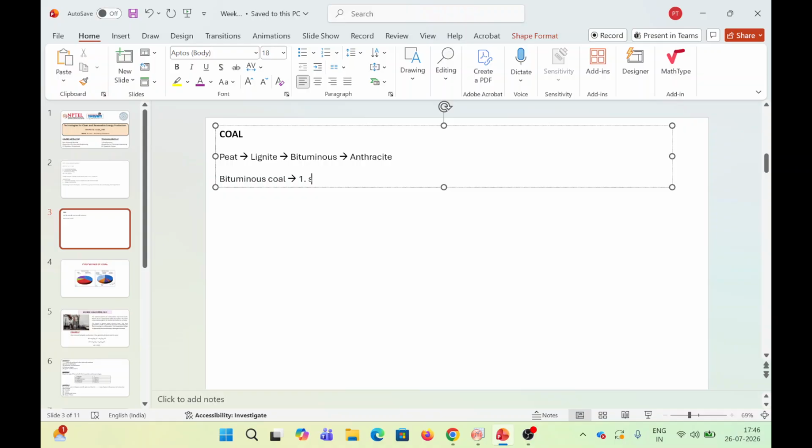One is called semi bituminous, second is bituminous, and third is subbituminous.